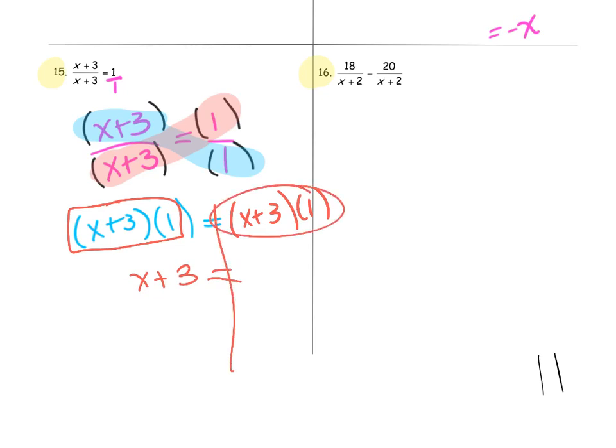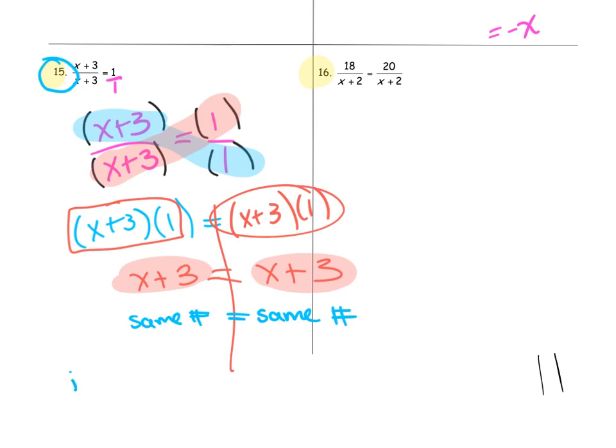And (x plus 3) times 1 is still going to be x plus 3. So I have the same thing equals the same thing. Well, when I have the same number equals the same number, then we have infinitely many solutions. This is a little challenging because you're going to see why in a second. So we do have infinitely many solutions.